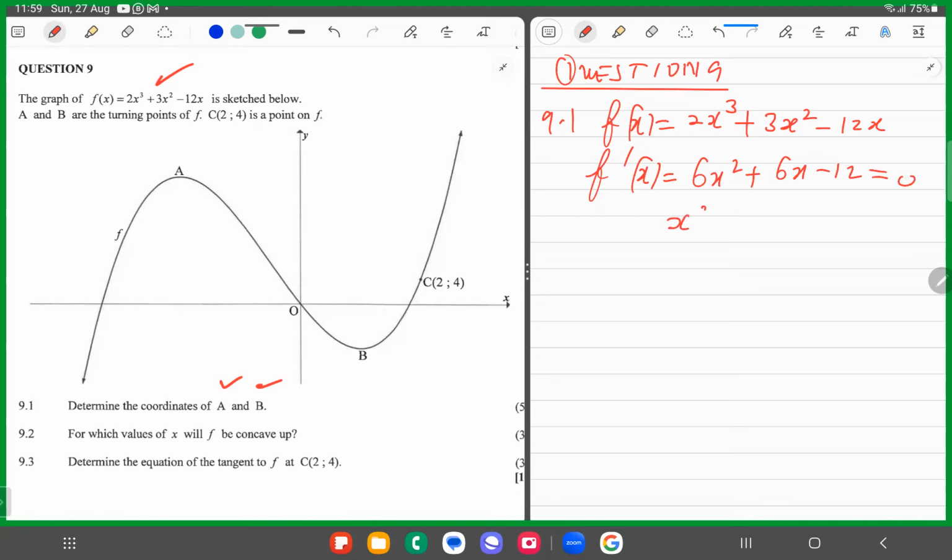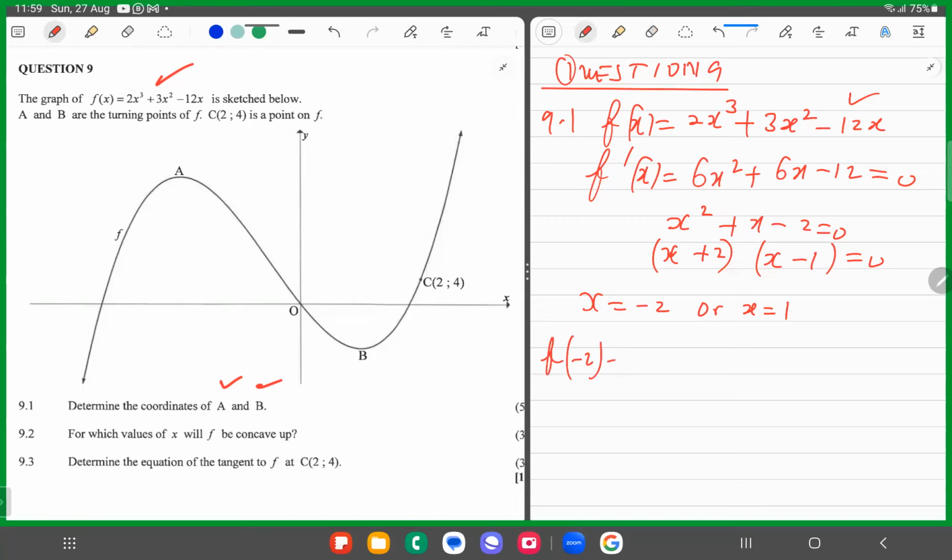Divide through by 6 and you get x squared plus x minus 2 equals 0. Factorising, you have x plus 2 and x minus 1. So x equals minus 2 or x equals 1. Substitute into the original equation, this one.